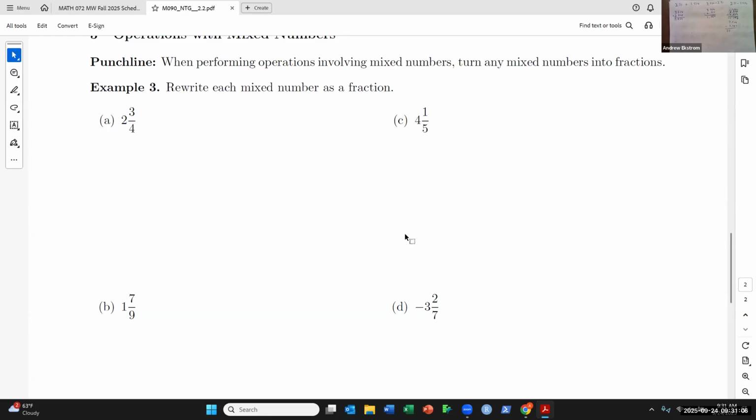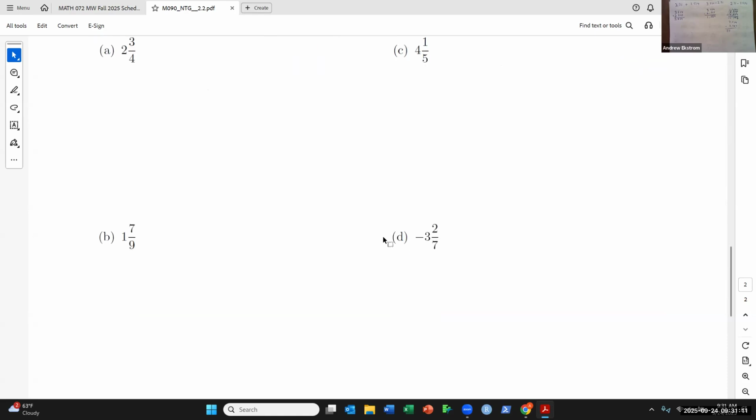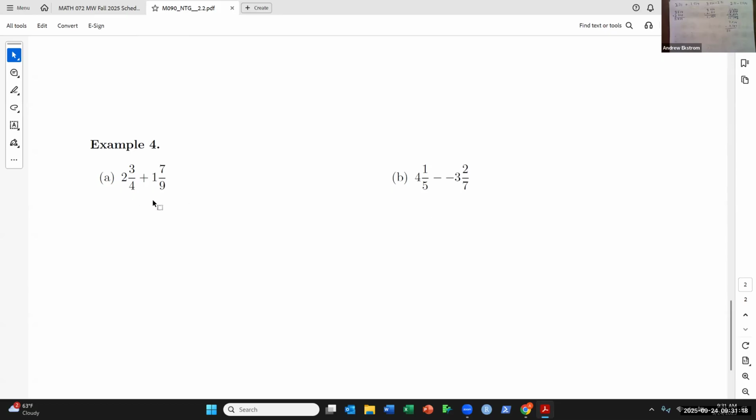So rewrite every mixed number as a fraction. All right. Then we start adding some of these mixed numbers. And again, what do we do if we have fractions? We have to come up with common denominators.